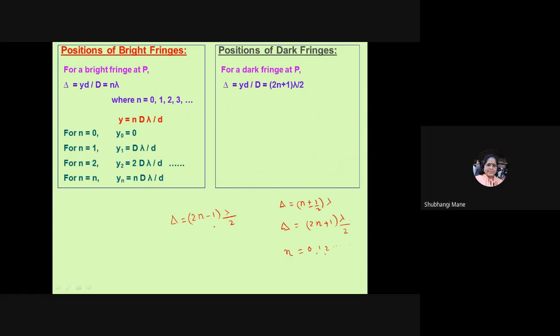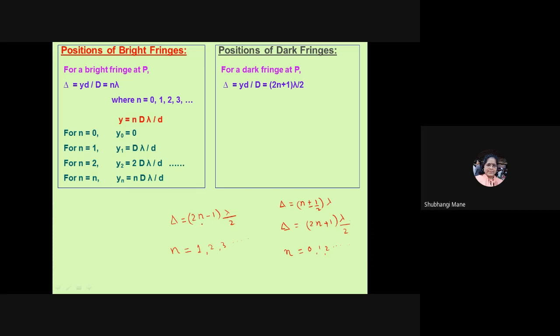For this condition, since plus and minus both appear, if we take minus, we notice that the value of n should start from 1, 2, 3 and so on. And for that we can say that if we substitute n equals 0, we will get the condition for the first minimum of intensity.